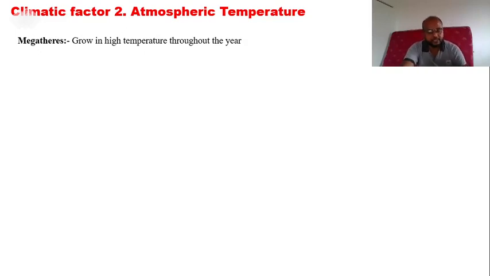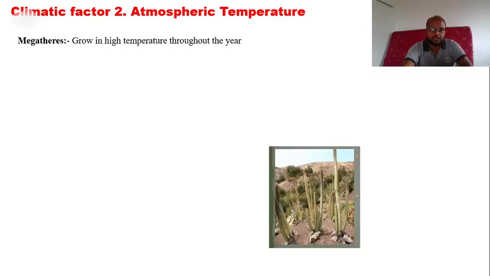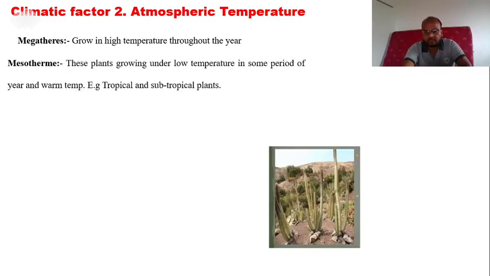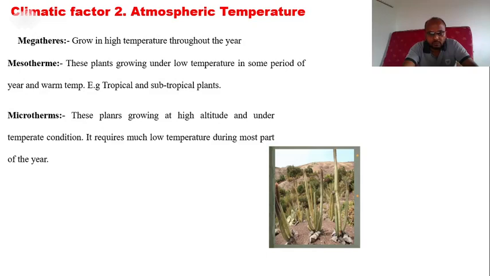For example, desert plants and many tropical plants are included under megatherms. Then the mesotherm: plants growing under low temperature in some period of the year, such as the winter season, and requiring moderate or high temperature during the remaining period. For example, tropical and subtropical plants are called mesothermic plants.